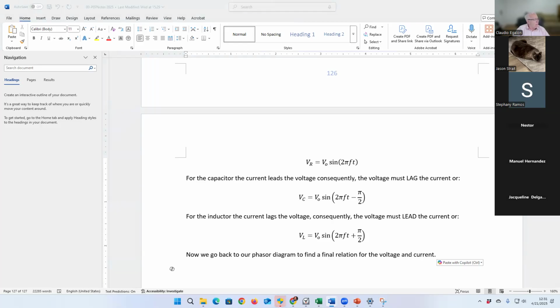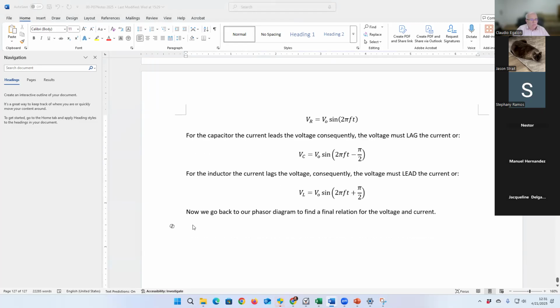Now we go back to our phasor diagram to find the final relation for the voltage and the current. And that's gonna be item B, okay? Item B is gonna be like that. That's where we combine all the elements that we found before. So here you go.